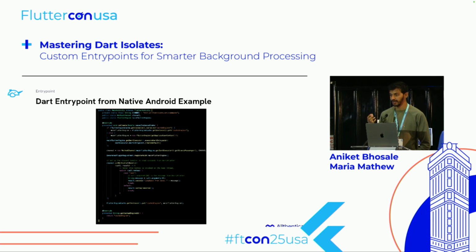On Android, we attach it by a cached engine ID. So what I'm doing here is creating the Flutter engine, putting it in a cache, and giving it a key value. Then the main activity, the Flutter activity, is going to look for an item in that cache. If it doesn't exist, it's going to create it. If it does exist, I'm just going to use the same one.